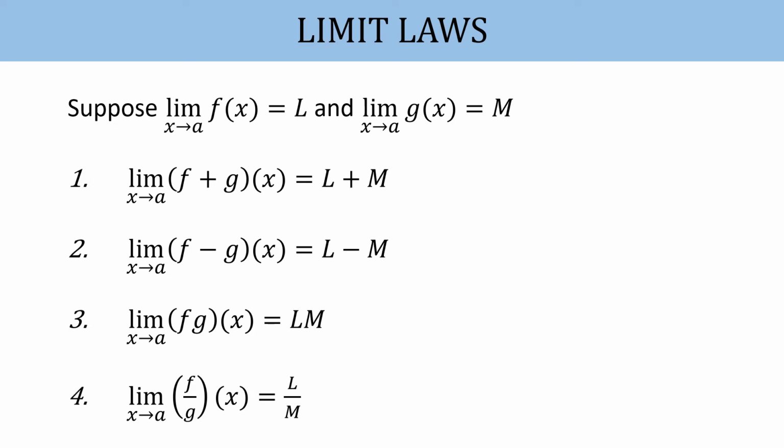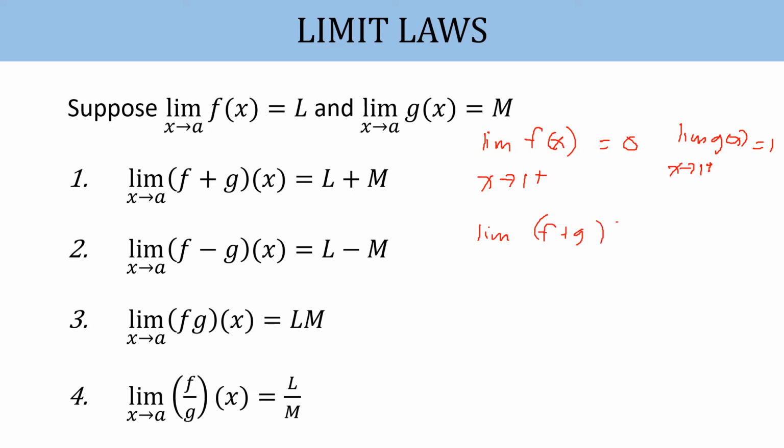Take, for example, the limit of f of x from a while ago as x approaches 1 from the right is equal to 0, and the limit of g of x, again from the example, as x approaches 1 from the right is equal to 1. What if we are asked for the limit of f plus g of x as x approaches 1 from the right?